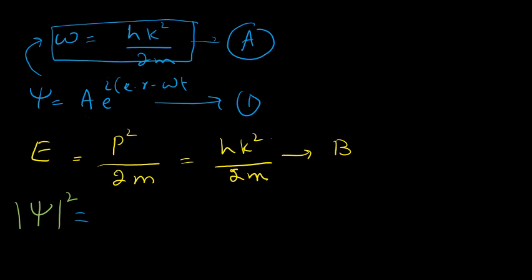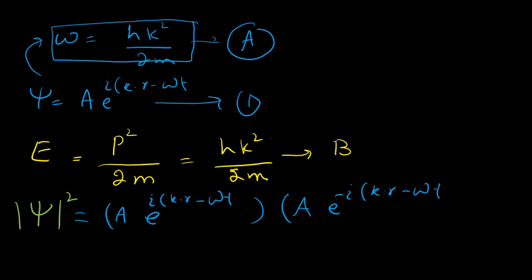Here the probability is A e^(i(k·r − ωt)) into its conjugate, A e^(−i(k·r − ωt)). So the probability will be equal to the amplitude squared. This can be equation number 2.